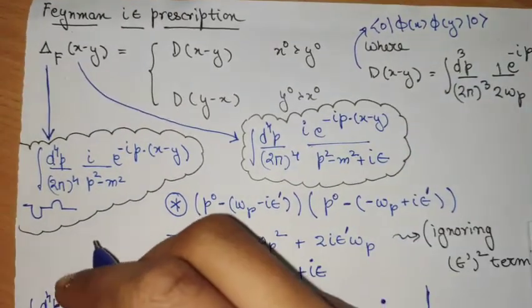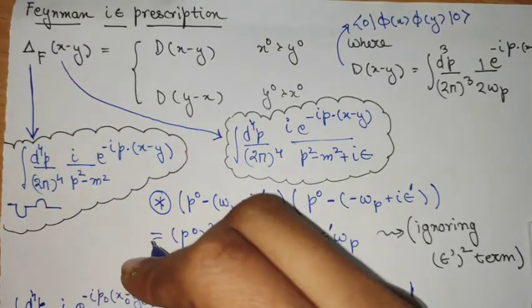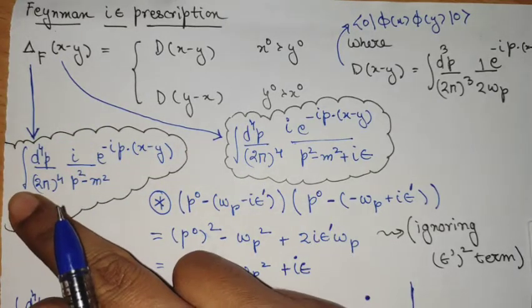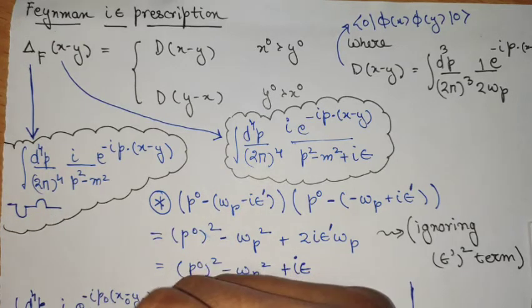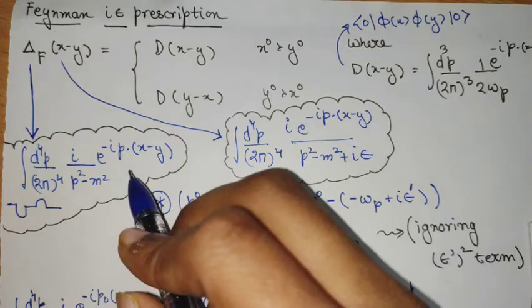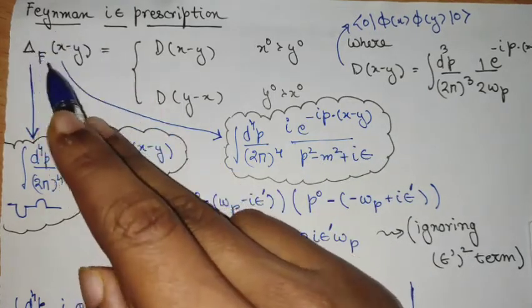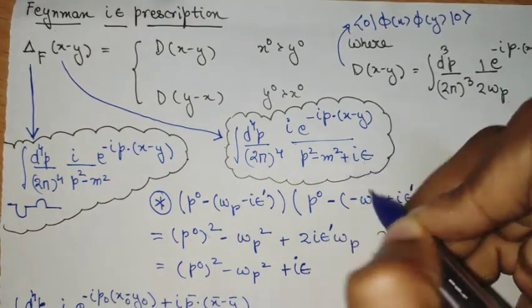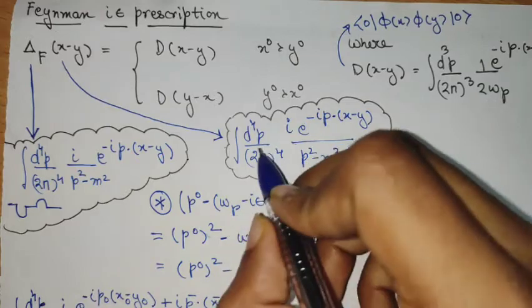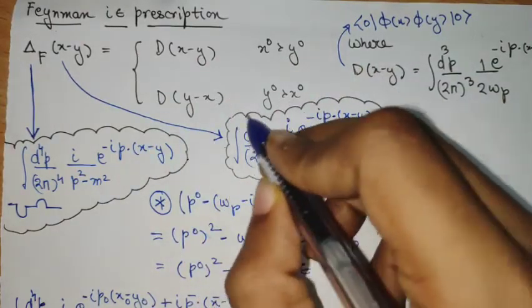Now we saw in the previous video that the Feynman propagator can be written in terms of this integral, but only this integral is not sufficient. We need the contour around which we are integrating. But then we discussed that there is another method of representing this Feynman propagator completely in terms of an integral, but with an i epsilon in the denominator, such that the Feynman propagator is the limit epsilon tending to 0 of this integral.